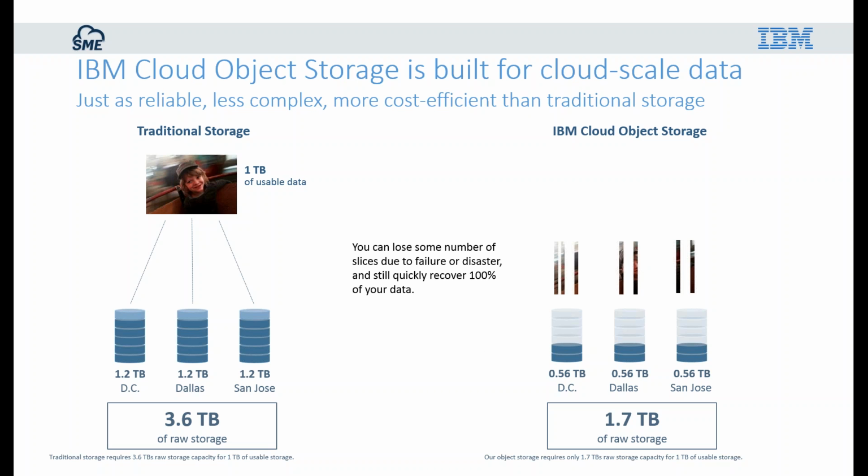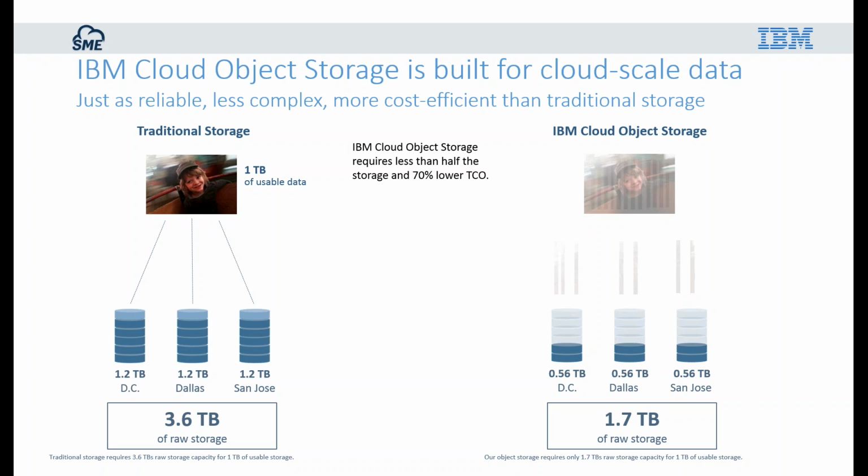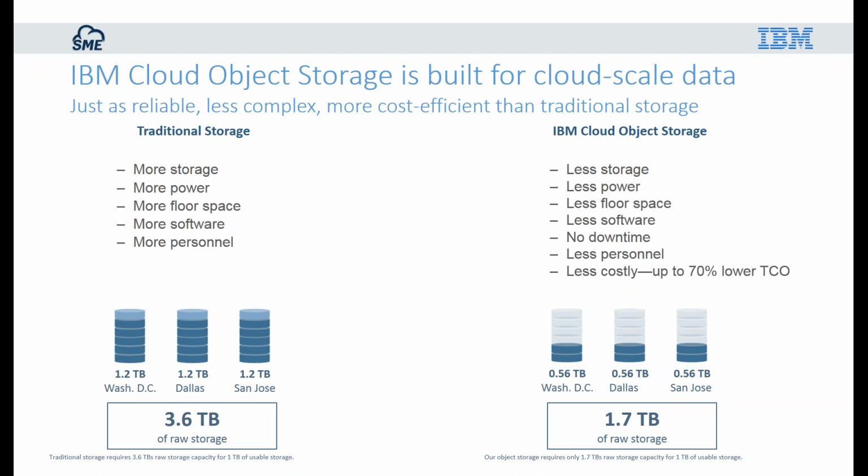One of the other advantages is, in case we need to recover that, even if we have lost some of the slices, we can still recover the whole part. So at the end, it is around 40% less storage, meaning around 70% lower total cost of ownership. What does it mean to IT?